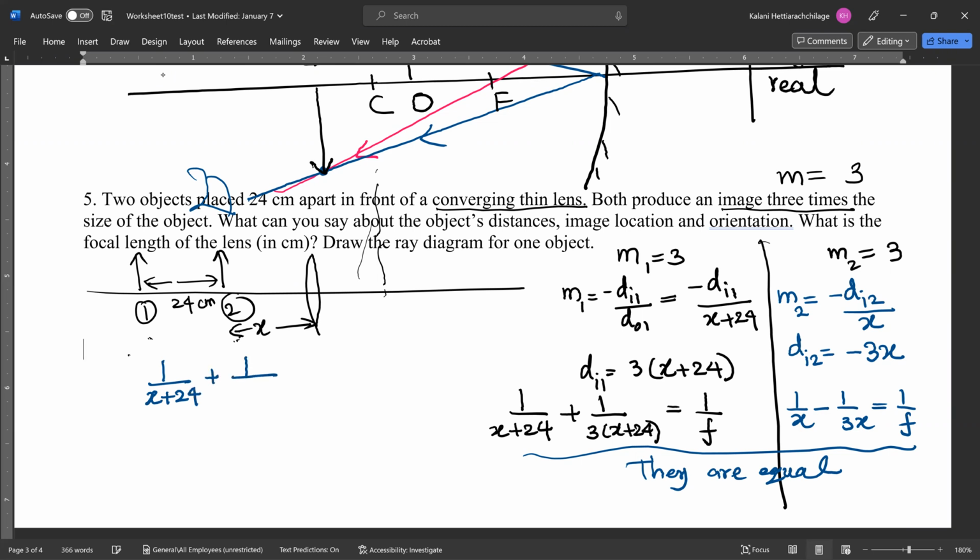Plus 1 over 3x plus 3 times 24, which is 72, equal to 1 over x minus 1 over 3x. Do the calculation by putting everything in terms of x or by multiplying by a common denominator. You need a few more steps in here. So you do it, and I get 24 centimeters as x.